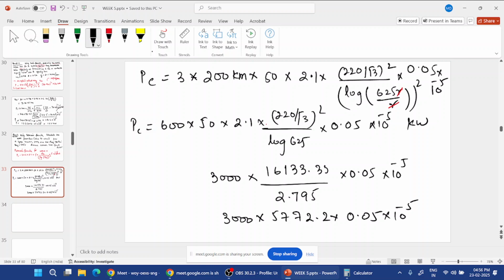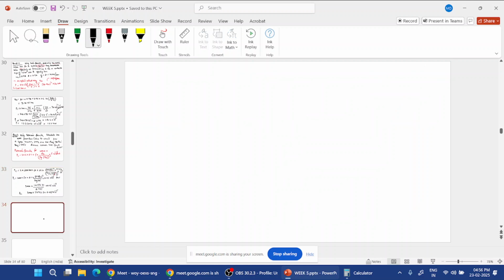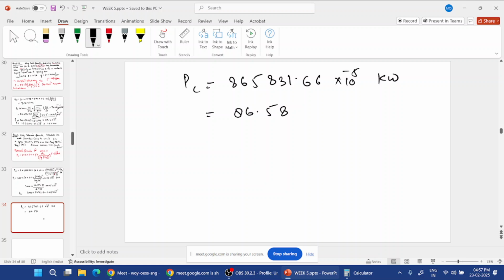Okay, so multiplied by 3000 into 0.05, the value comes out to be 865,831.66 into 10 raised to the power minus 5 kilowatt. So we adjust it, it comes out to be 86.58.